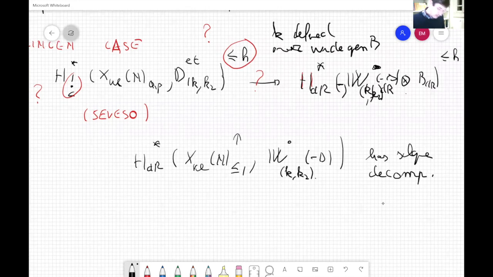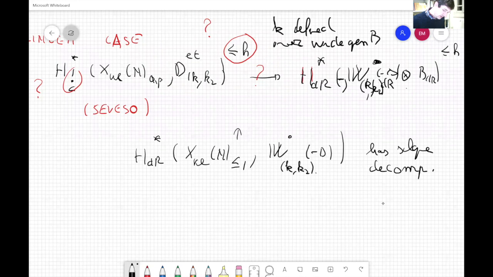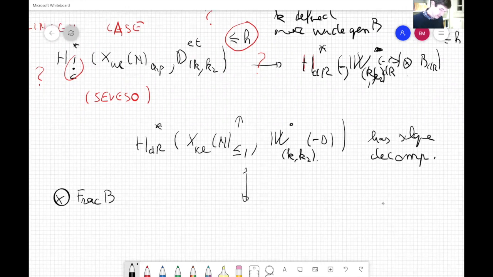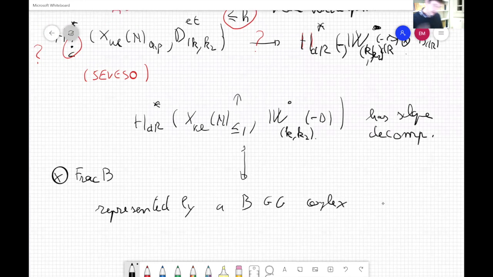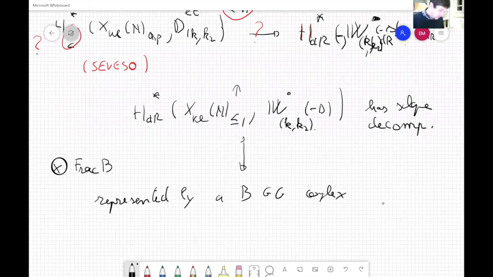And the computation that I showed you before tells us that if you work over Frac B, this is actually represented by a BGG complex, of which you are computing the cohomology that consists simply of two terms.